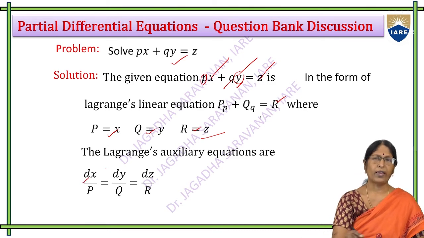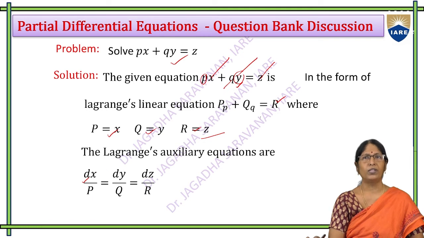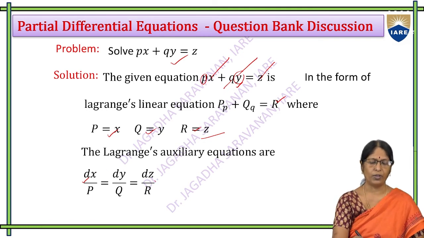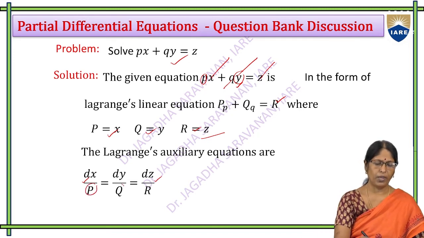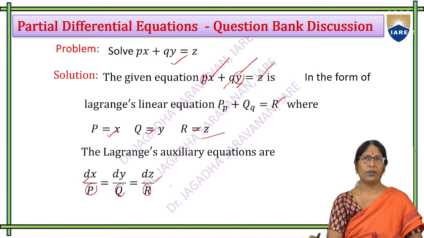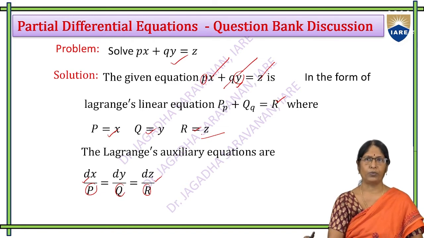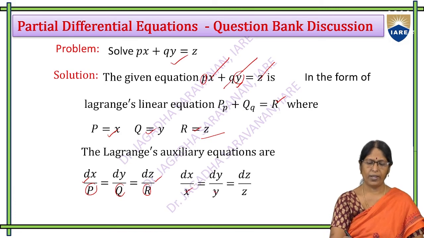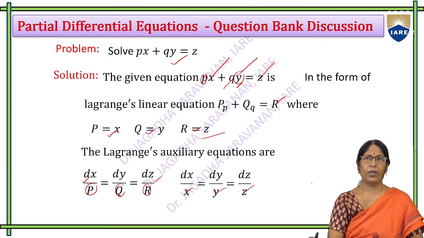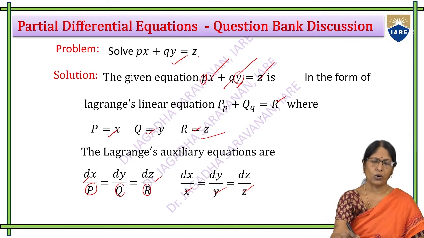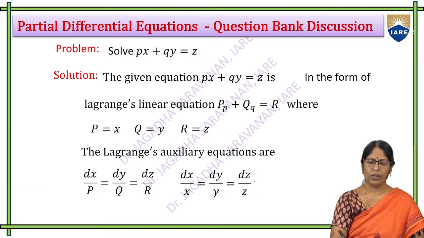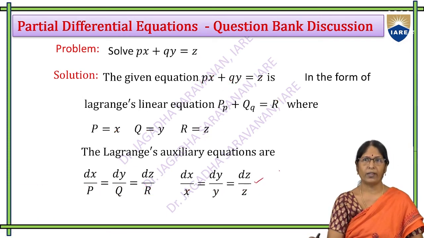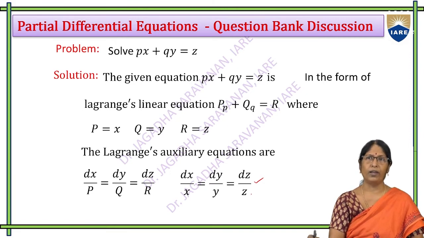That is dx by capital P equal to dy by capital Q equal to dz by capital R. Now these P, Q, R are replaced by the values we obtained according to our question. So we obtained dx by x equal to dy by y equal to dz by z.